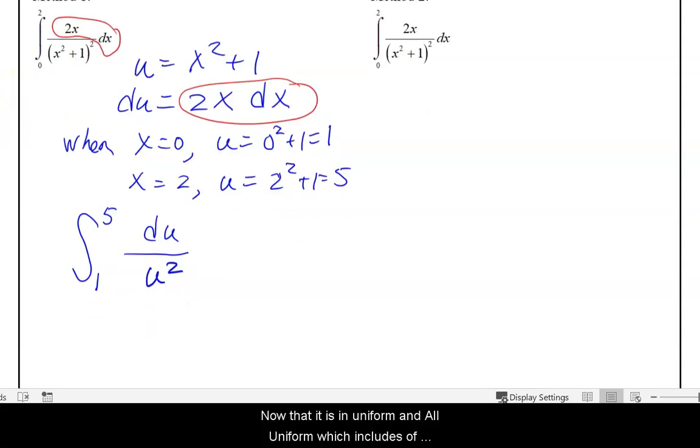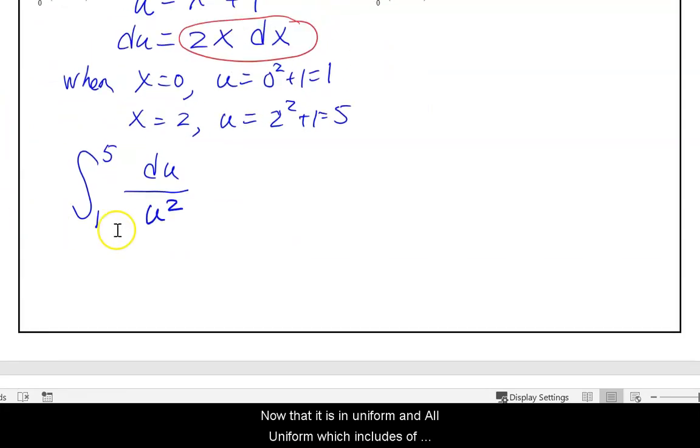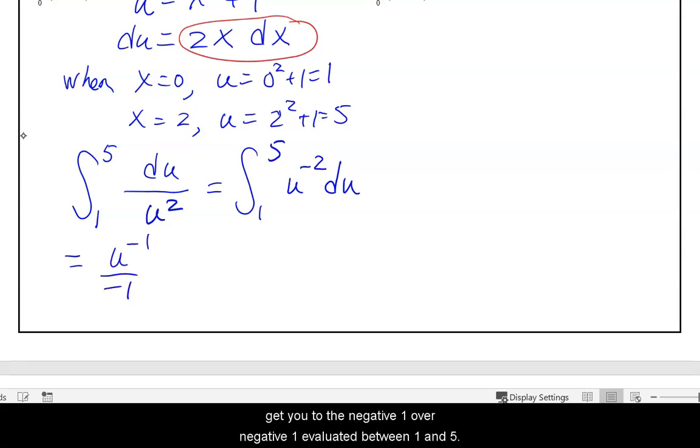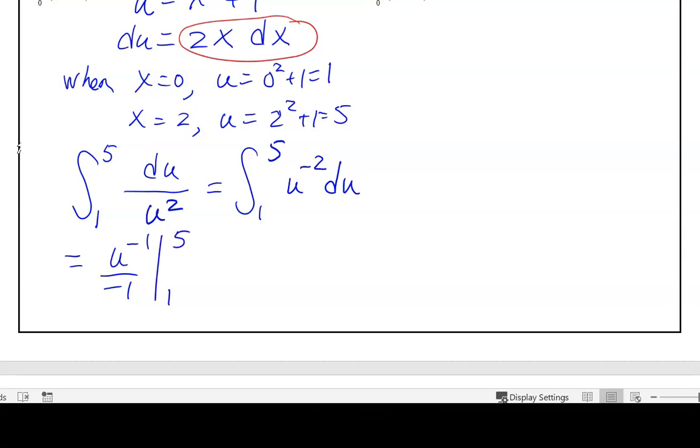Now that it is all in u form, which includes, of course, the limits of integration, I can rewrite the 1 over u squared as u to the negative 2 du. Now I can apply the power rule for integrals, and I would get u to the negative 1 over negative 1 evaluated between 1 and 5.